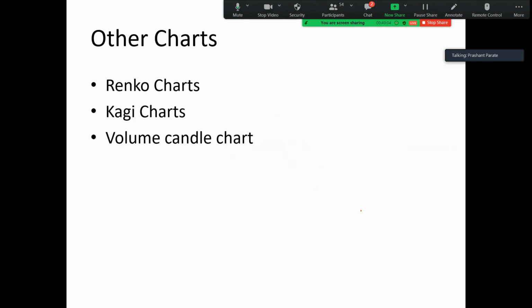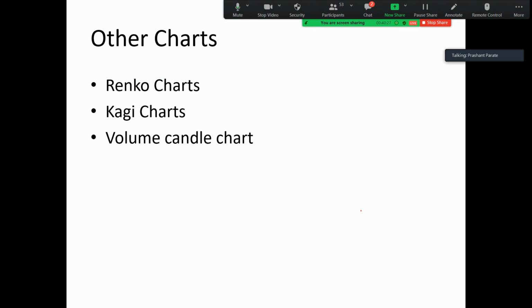Then there are other charts like Renko chart, Kagi chart, volume candle chart. These different types of charts are available, and there are different purposes for all charts. Renko chart moves in one direction. It is similar to Kagi chart, and I don't know how to use them.